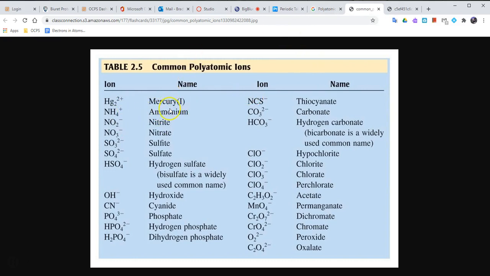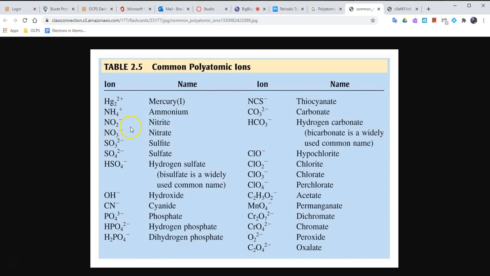Some of the polyatomic ions that I'm going to expect you to know are ammonium, which is NH4, and that's a positive ion. NO2 minus is nitrite, so that means that it's a negative ion. NO3 minus is nitrate. Now I want you to notice that the names of these have changed.